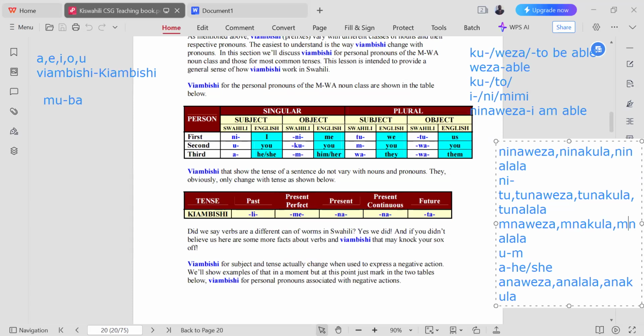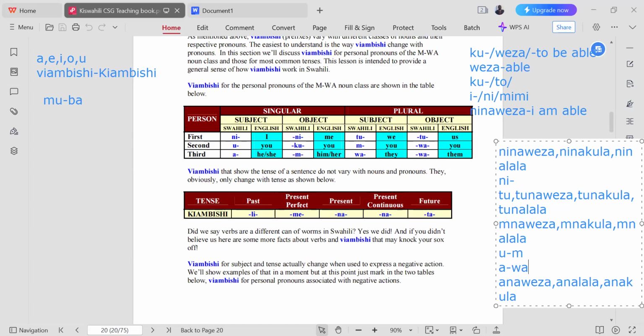Are we together? Now let's get to the third person pronoun, which was a. Anaweza, analala, anakula. In plural, it will be wa. The plural of a will now be wa.